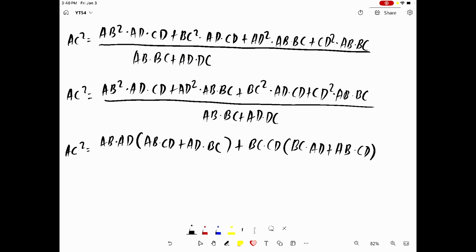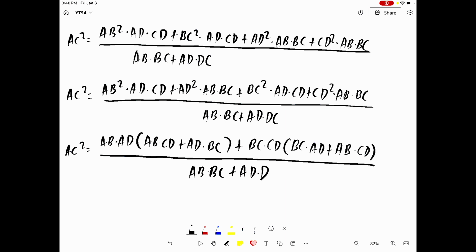So now, if you look at the top half, you're going to see that it's very easily factorable. All we have to do is factor out BC times AD plus AB times CD. So it's going to look something like this.